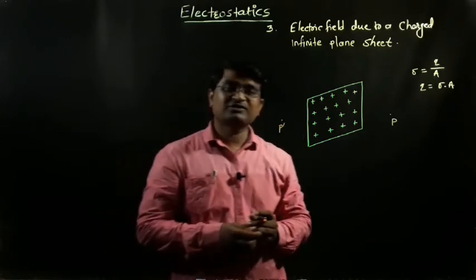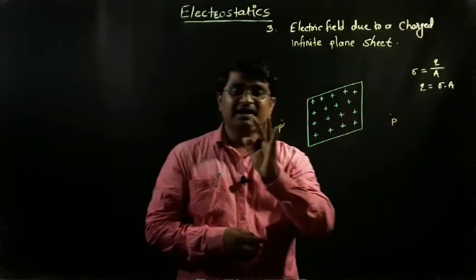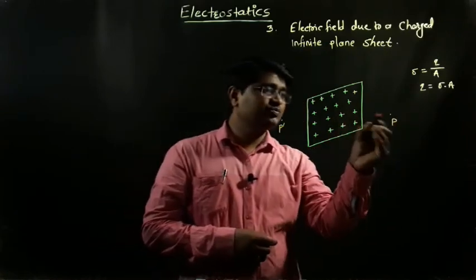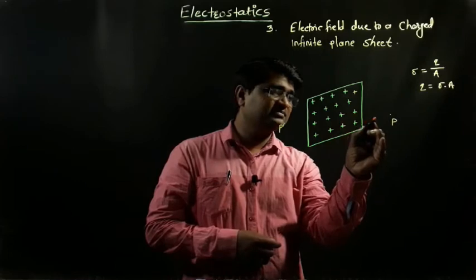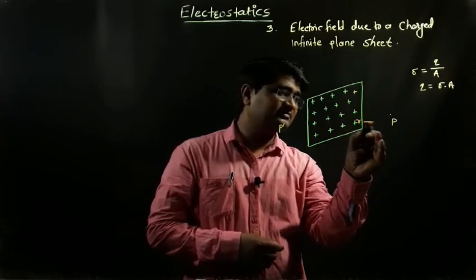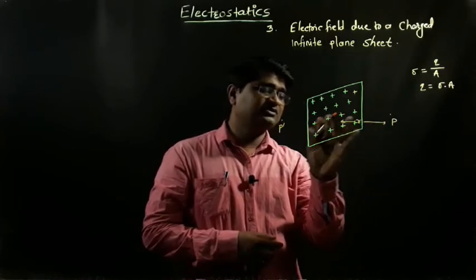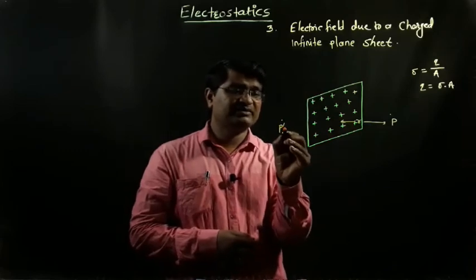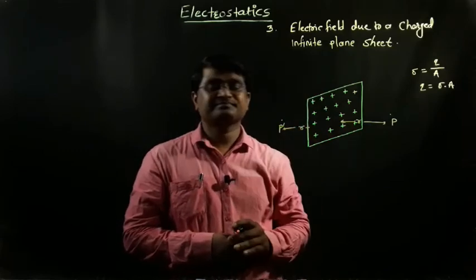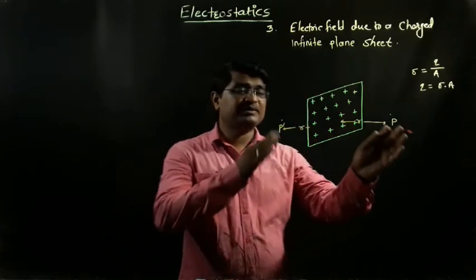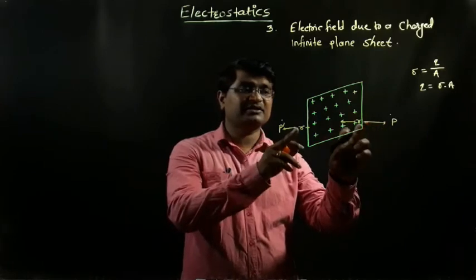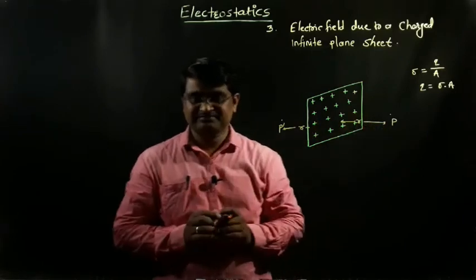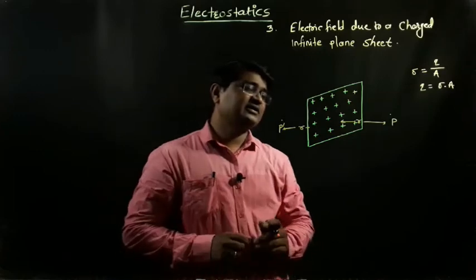So we can find the electric field intensity at the point P and at the point P dash. The point P is at a separated distance R from the plane sheet, and the same distance R is on the other side. So P and P dash are separated by R plus R, that is 2R. Clear?